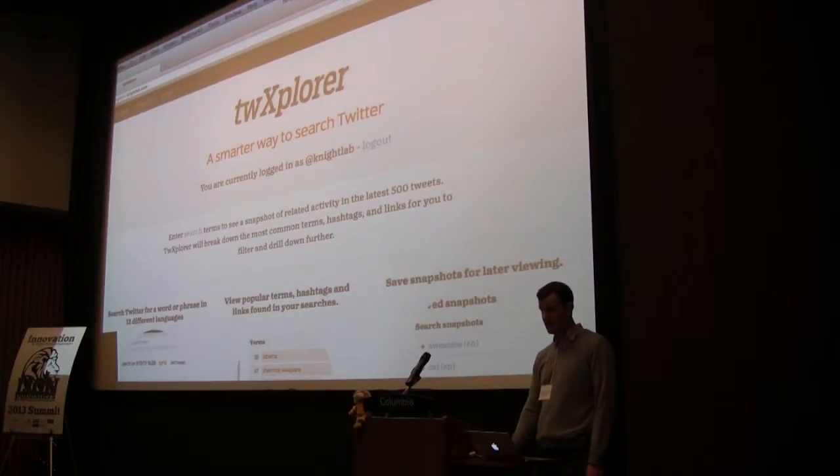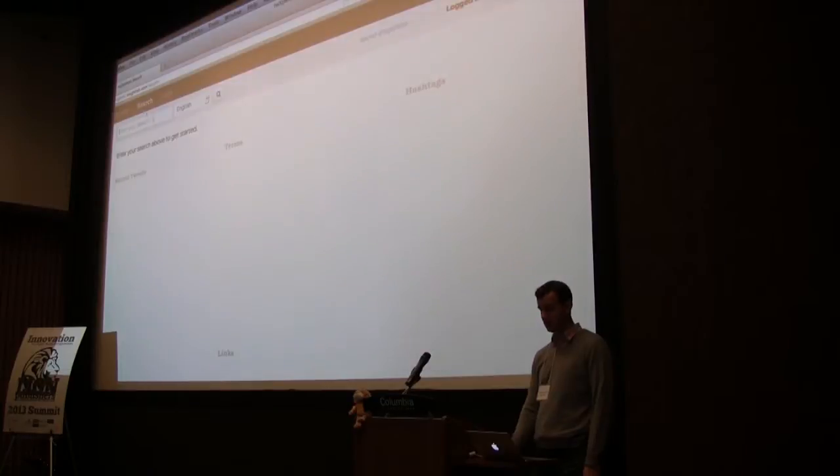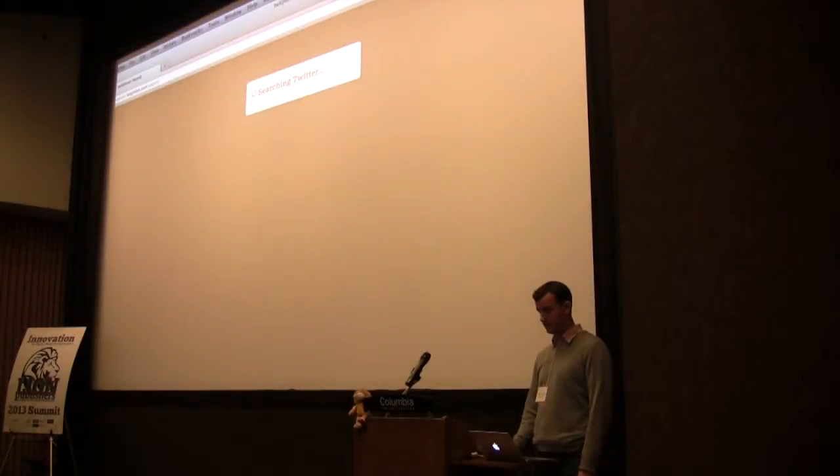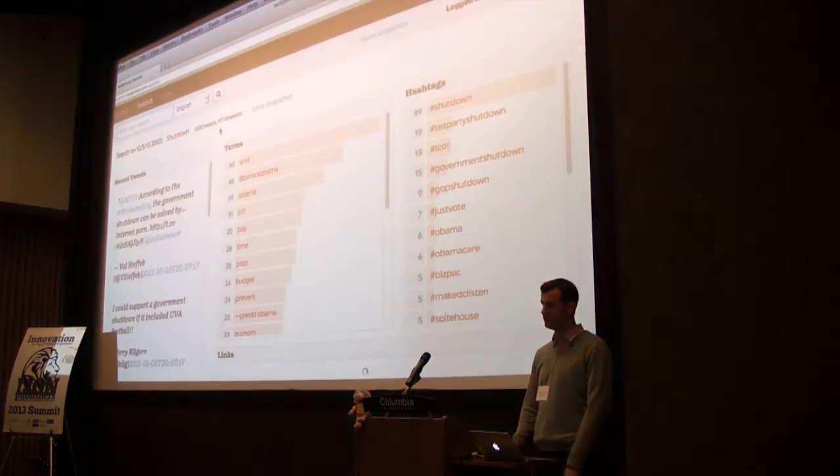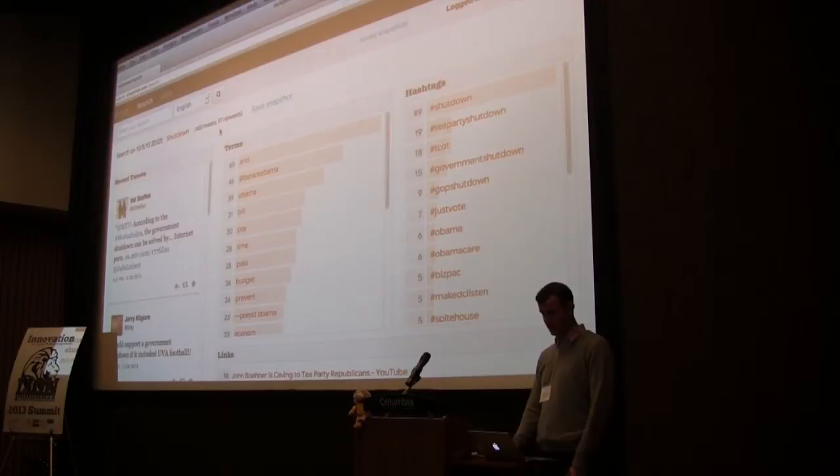I'm logged in as Night Lab. I come here to search. And again, it's experimental, so we've got a few notes that we're working on. But say you're working on a story about the shutdown. It looks at Twitter. It's actually failed. And you find the top tweets.